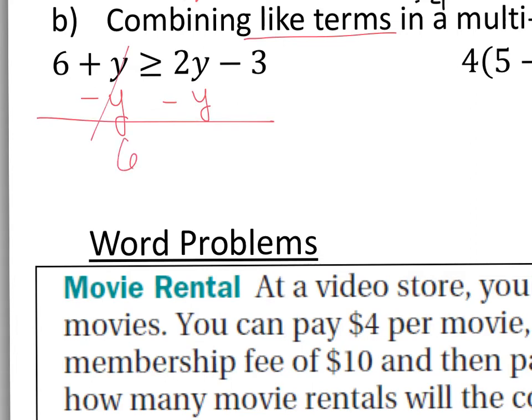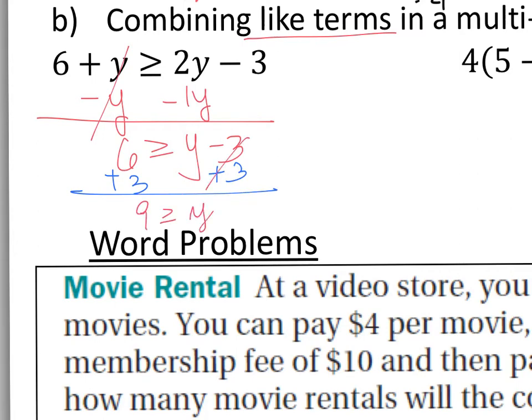Bring down the 6. 2 minus 1 is positive y. Bring down the negative 3. Plus 3, plus 3. 6 plus 3 is 9. And y. And here we go. Arrow to the left.